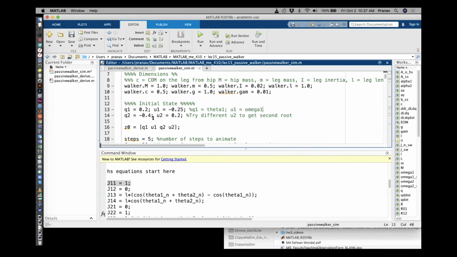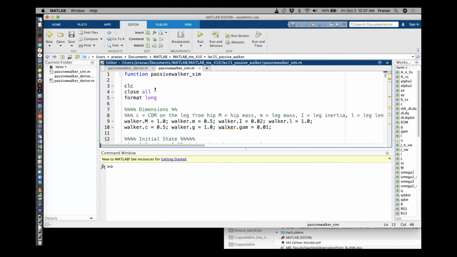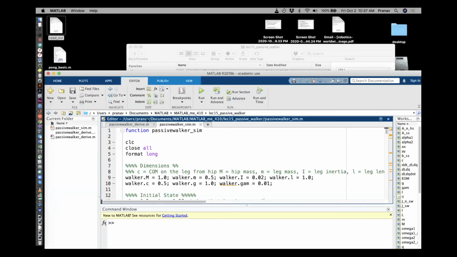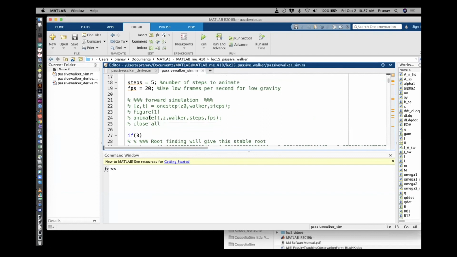Okay, so I made some guesses and I simulated it, and I also have animation going. Huh, it didn't show up. Let me see. Oh yeah, okay, so let me uncomment this, my bad.